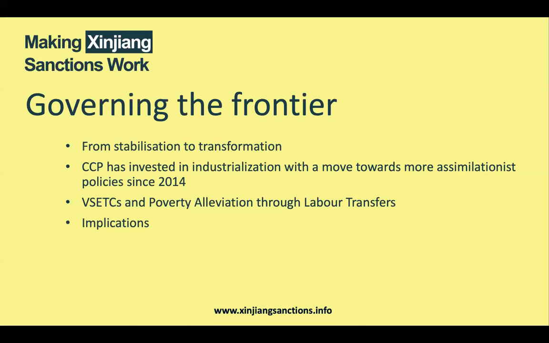Now, some commentators describe this process as akin to the process of settler colonialism and racialized capitalism that produced slavery and forced labor in communities such as the United States and Australia, with long-term negative impacts for sustainable development. Since 2014, 2 key government programs have come to operate in tandem to generate forced labor.